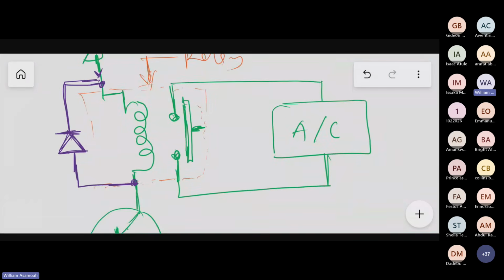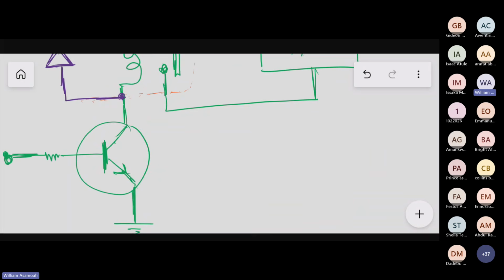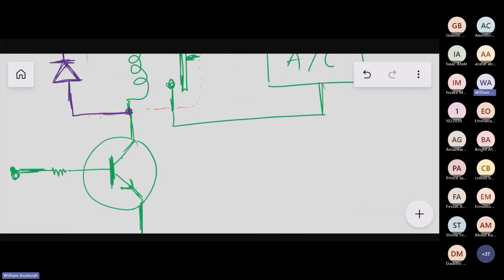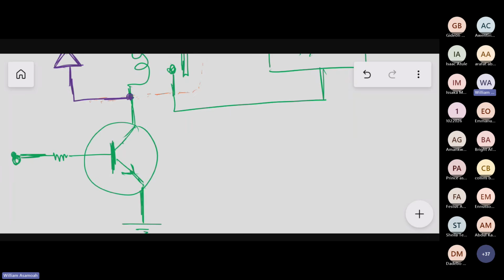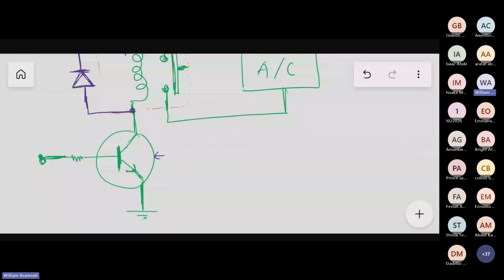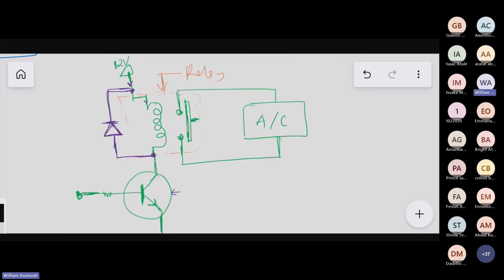It will only pass through this guy because this circuit is closed. But the moment the transistor here opens, then that negative voltage that will want to crash this will suddenly cause the diode to conduct.